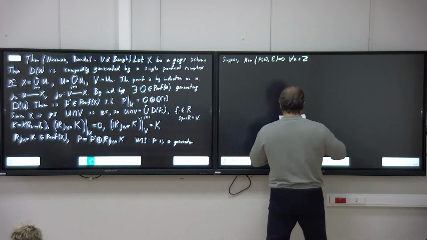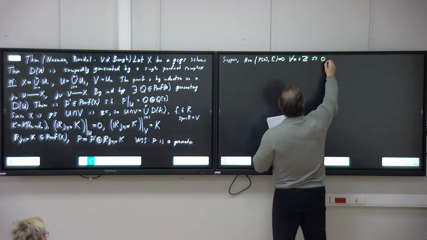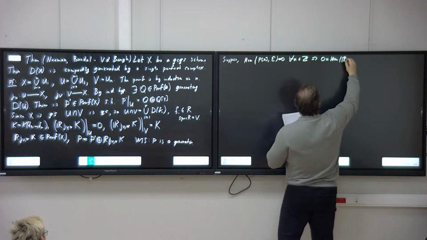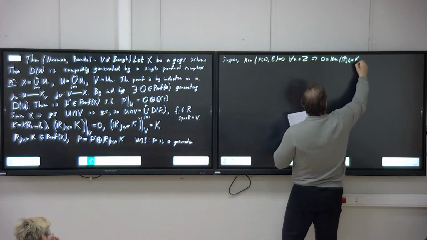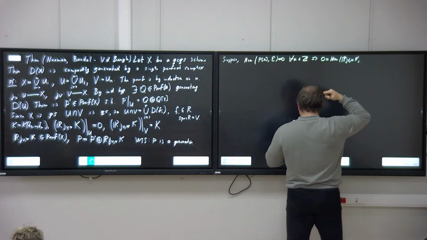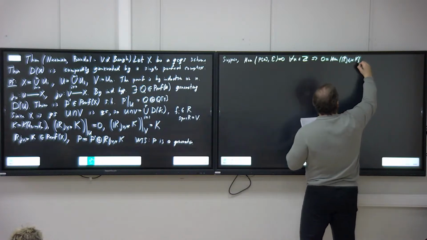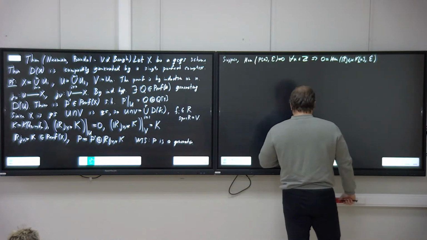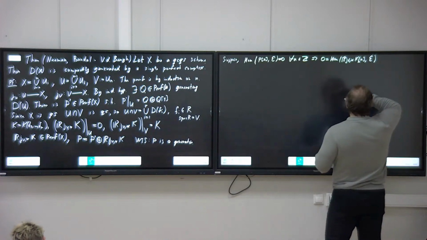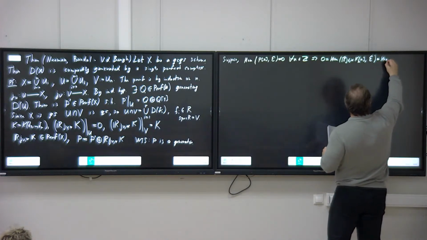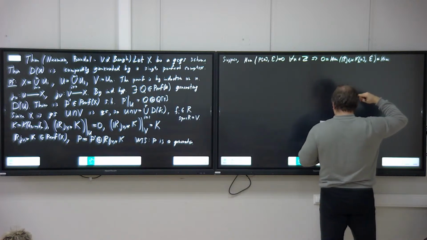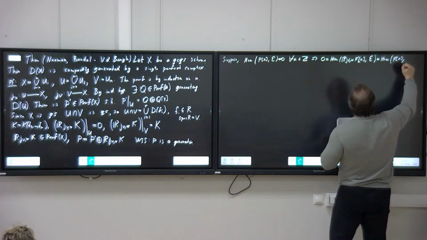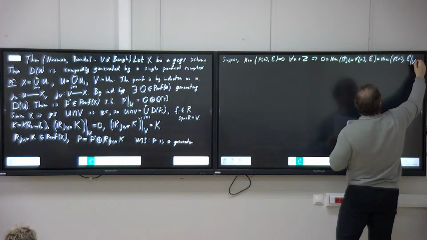So in particular, a special case would be 0 is equal to the Hom from the push forward along JV of the Koszul complex, also need to keep the shift, some n, to the E. So this is also 0. But here I can use the adjunction and rewrite this as the Hom of the K shifted by n. And here this is just E restricted to the V.